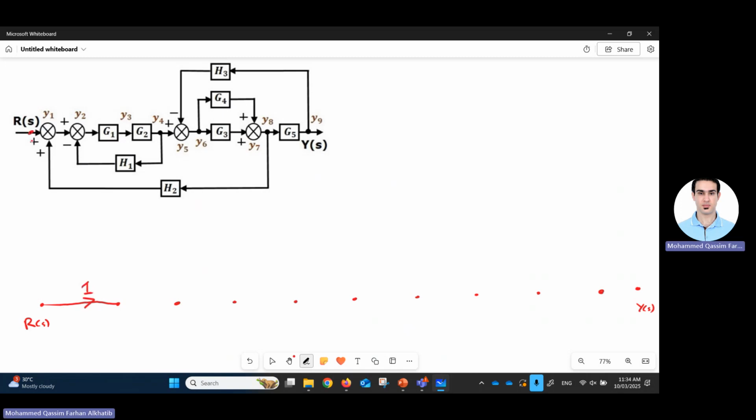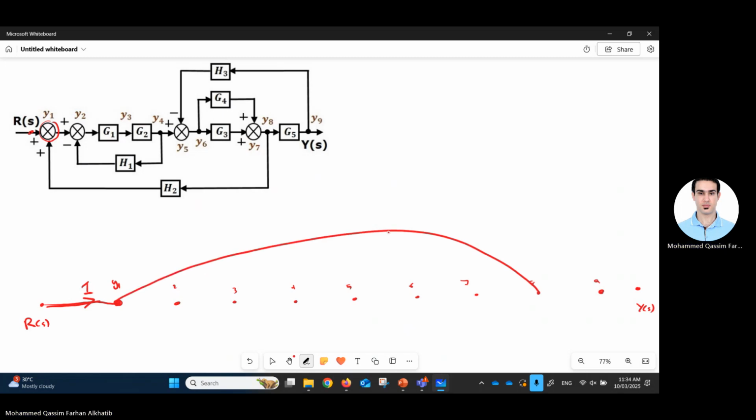That's it. Now we have a summing point. The summing point is represented by this node, which is Y1. Now it has 2 inputs. The first input is coming from RS. The gain is 1. The other input is coming from Y8. So Y8, there is a long branch like this.